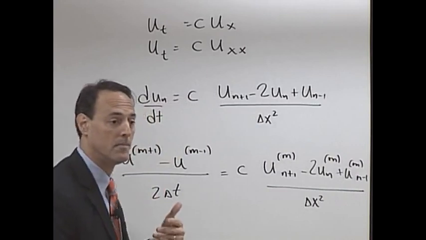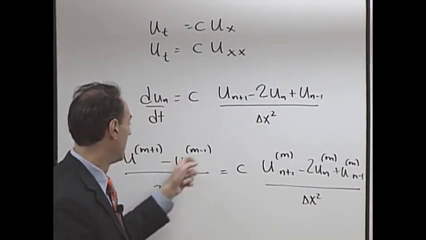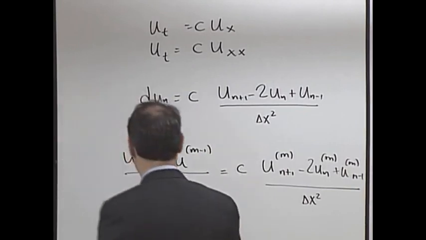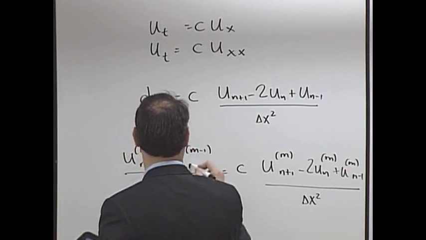Now I'm going to multiply by 2 delta t, move that over to the other side, and I'm going to have my scheme. These are at n.